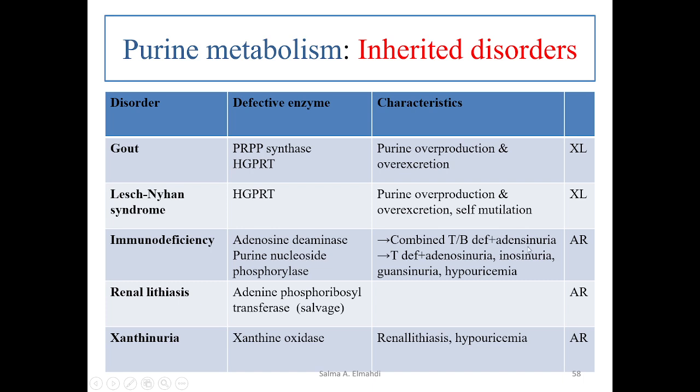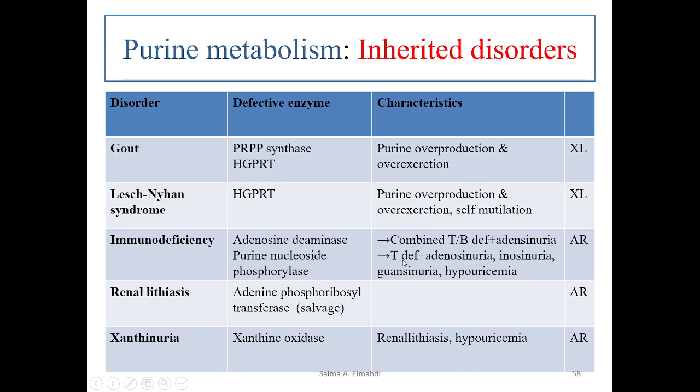That is presence of adenosine in high concentration in urine. A combined T and B cell defect is called SCID, severe combined immunodeficiency. It is a serious condition because your two major cells of the adaptive immunity, the T and B cells, are deficient. It occurs in an autosomal recessive pattern.